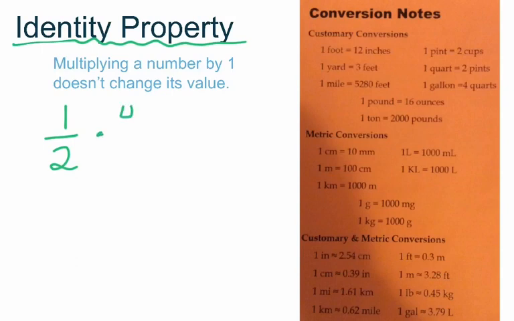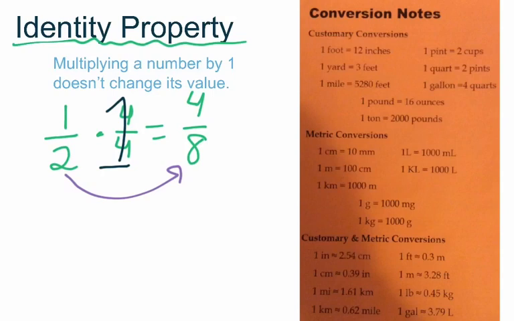So we would multiply by something like 4/4, which equals 1. Technically, 4/4 is 1. But we would multiply by 4/4 and we'd get a fraction like 4/8. And we know that 1/2 and 4/8 are equivalent. So we are going to do that same thing with measurements.